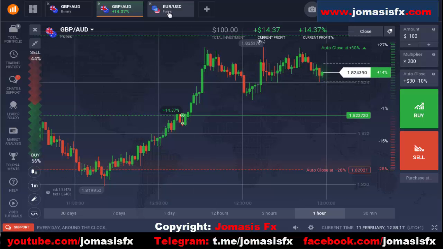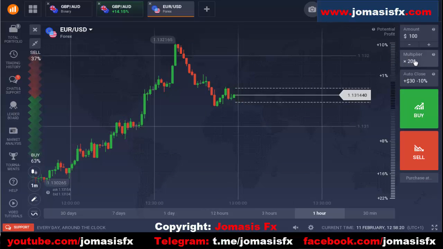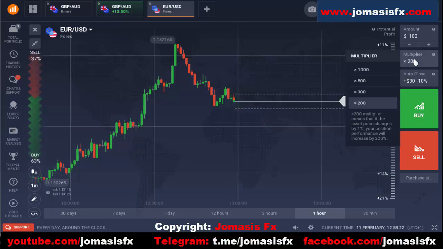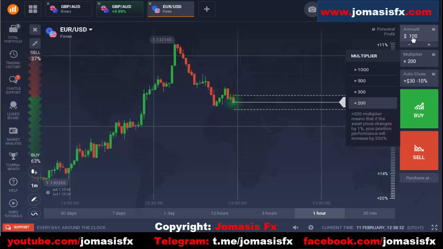Now, sorry for digressing a little bit. So this multiplier: you have $100 here as the amount you're willing to trade, and let's say this is your total money, and this is a multiplier.